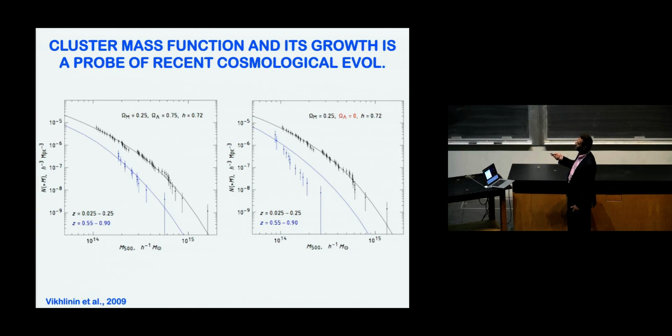But the dark matter content is identical. And you can see that there is a difference in evolution. The curves are not evolving in the same way as a function of time. The points there are data. And so in this case, it's pretty obvious that the open universe doesn't actually work, in the sense that it doesn't account for the observed number of clusters and how fast they're growing in time.